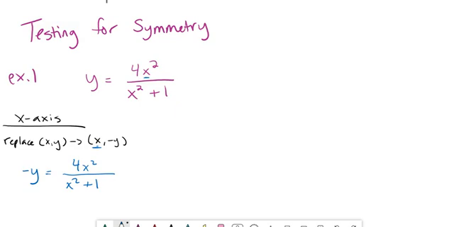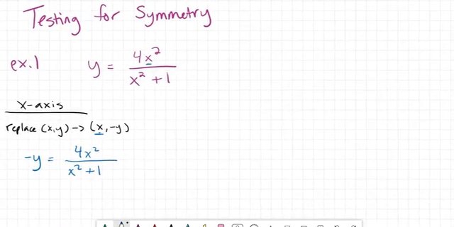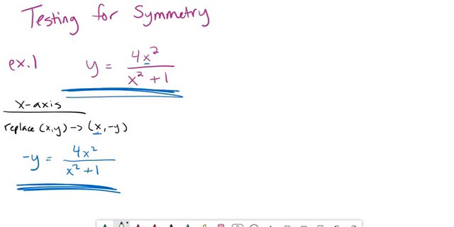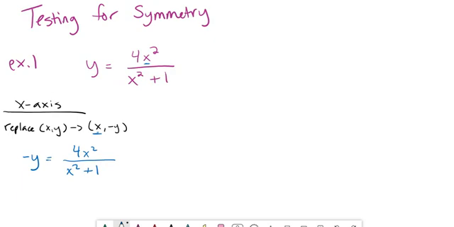That's what we're trying to determine. Looking at this blue equation right here, is that saying the exact same thing that we have up here at the top? No, it's not, because the left-hand side is still saying negative y.